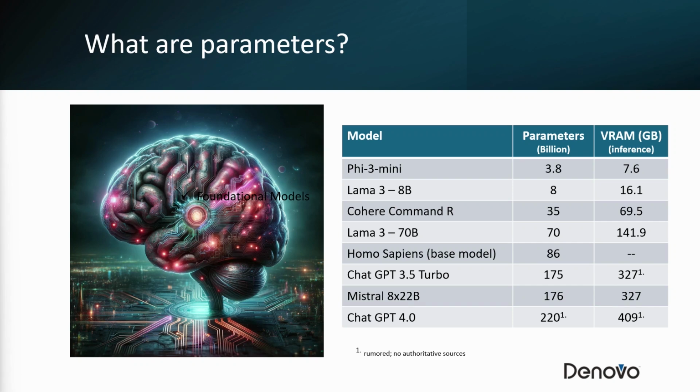The Llama 2 models, to kind of put this in context, the previous generation, they had two different models, a 7 billion parameter and a 70 billion parameter model. When Llama 3 came out, they had two main models as well. They had an 8 billion parameter model and a 70 billion parameter model.